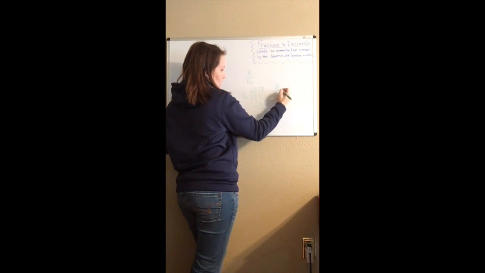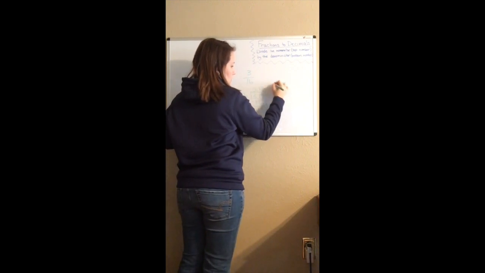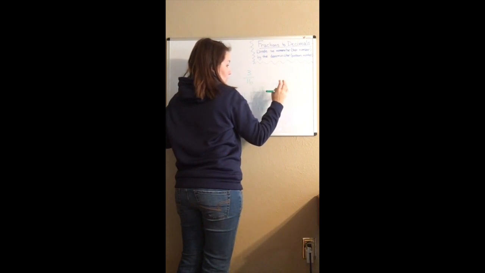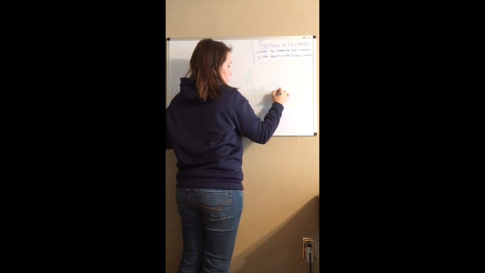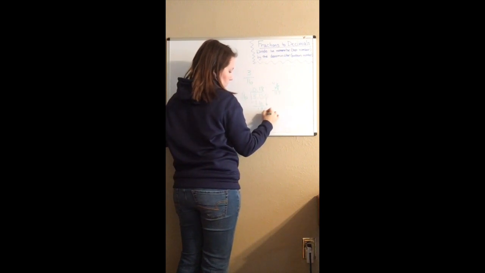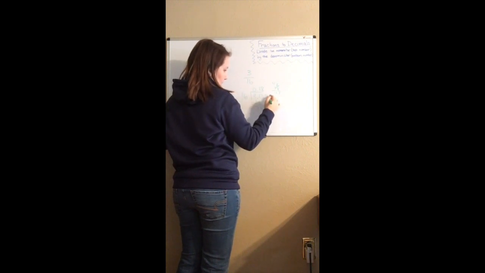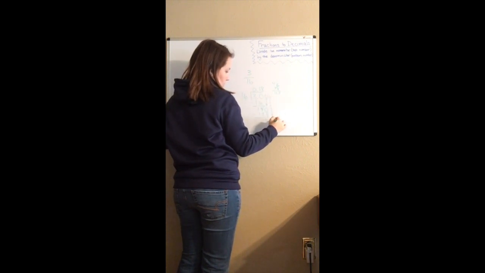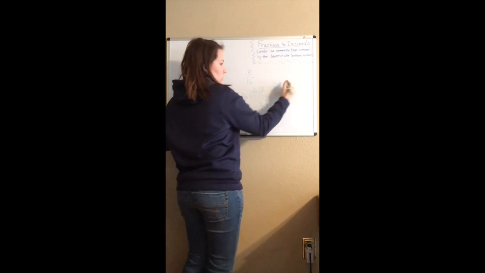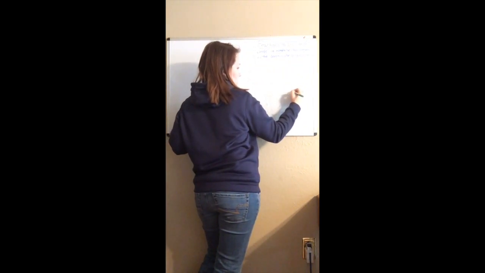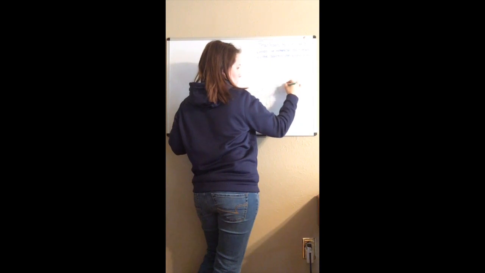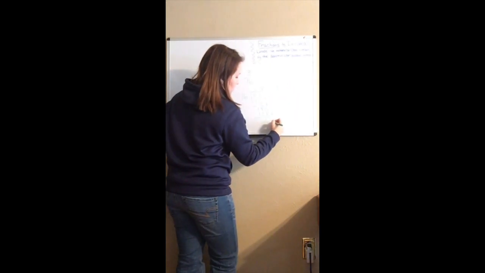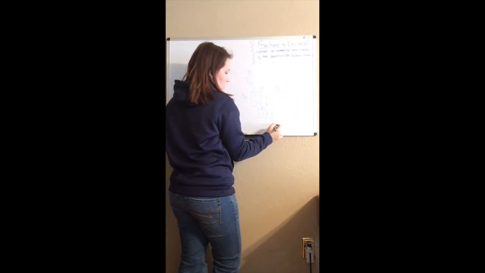16 times 8 is 128. That's too big, so let's try 7. 16 times 7 is 112.